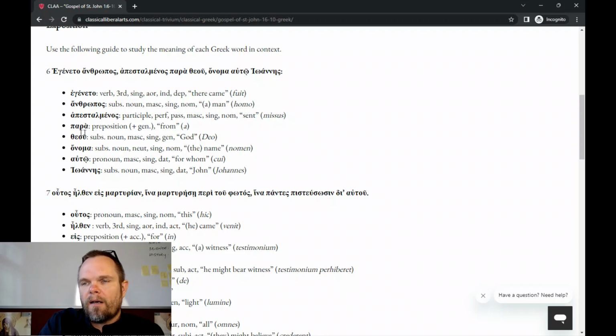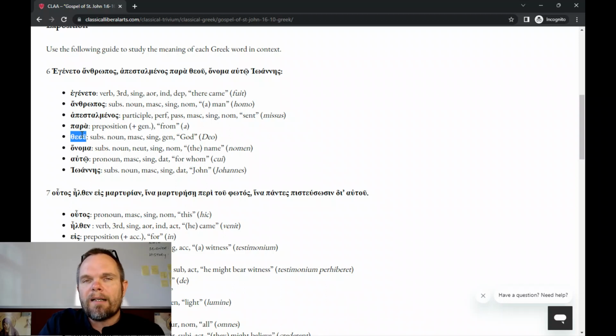Sent para theou. So here we have a prepositional phrase. Para theou. Para is a preposition. And here in the parentheses, you can see that I've added the case that's governed by this preposition. So para is going to seek a genitive case as its object. If we look to the next word, we find theou is in fact a substantive noun in the genitive case.